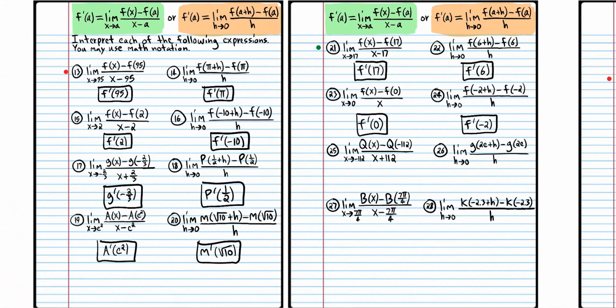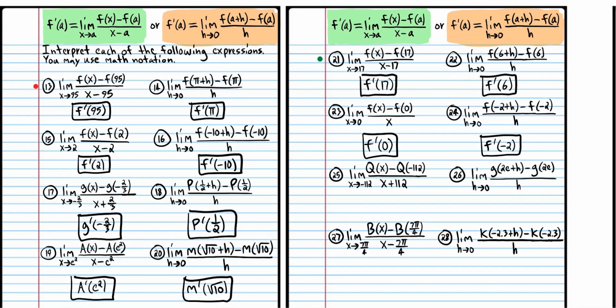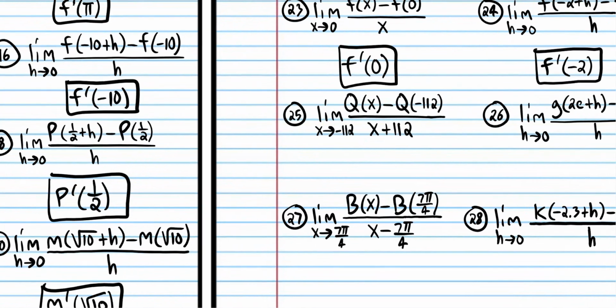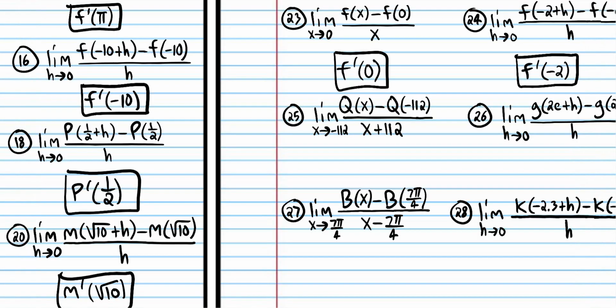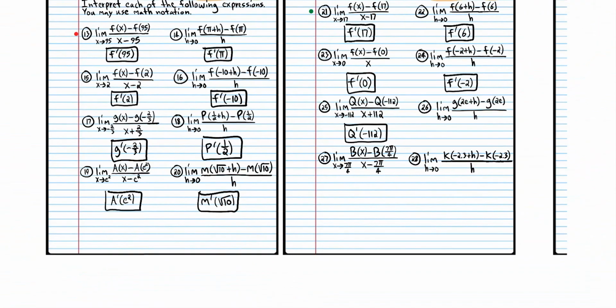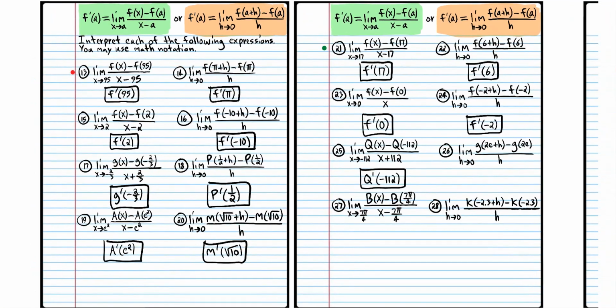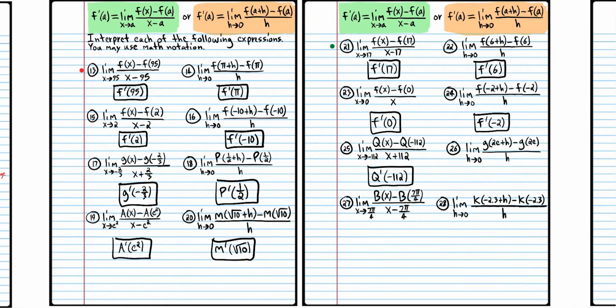Try number 25. When you come back, we'll do it together. All right, we're back. So this expression represents the derivative of the function when x is equal to -112. If you got that right, good. Try number 26. And when you come back, we'll do it together.